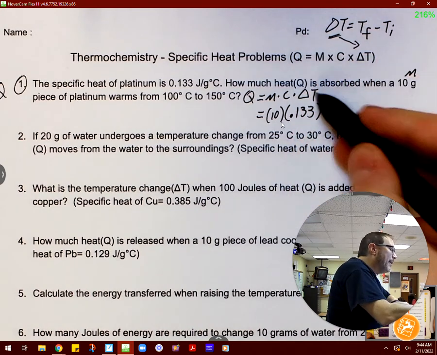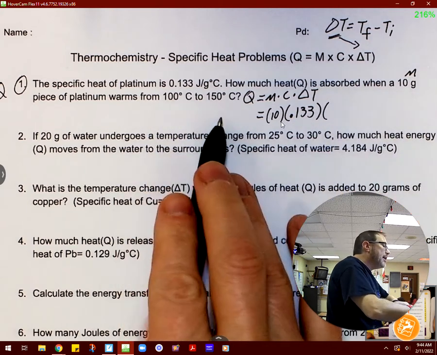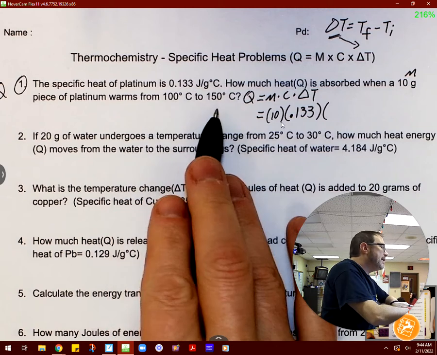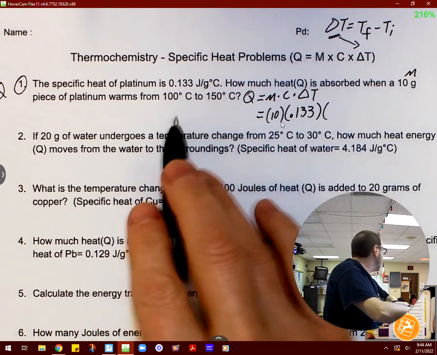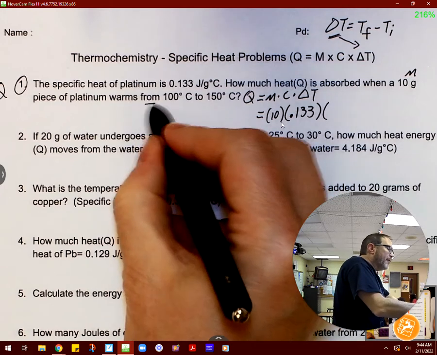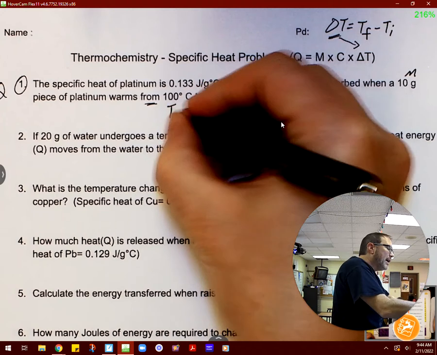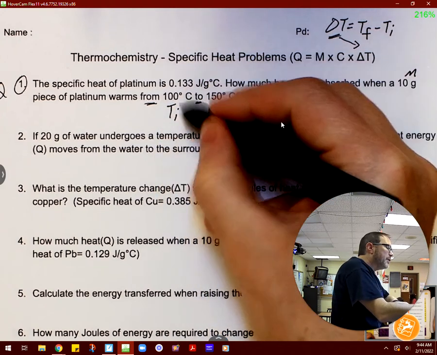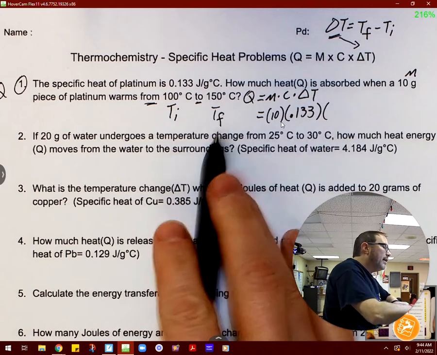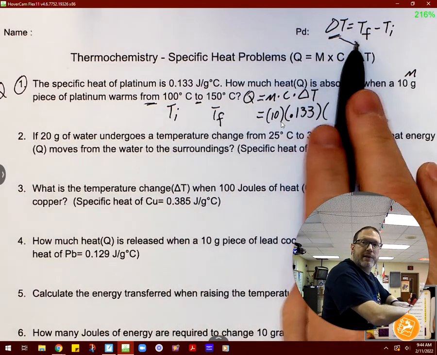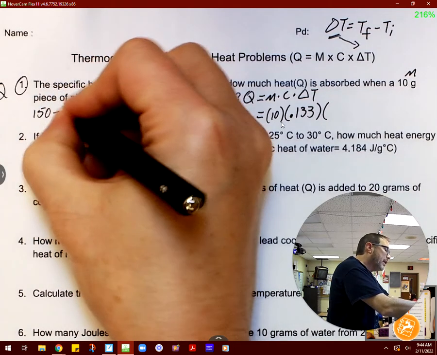And then I have to multiply by delta T. Delta T, they don't flat out give to me. They give me 2 temperatures. So which one of these is going to be the temperature I start with? 100 Celsius. And my clue for that is it says it's going from that to this other one. So it's going from my TI, initial or starting temperature, to my TF. And we set up here that delta T is TF minus TI, so it's going to be 150 minus 100.